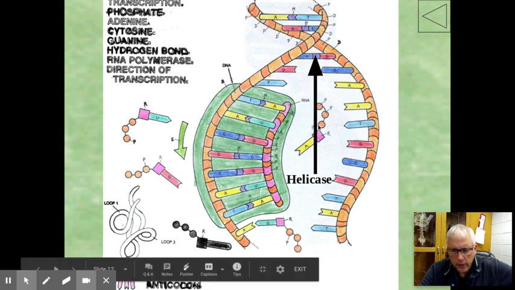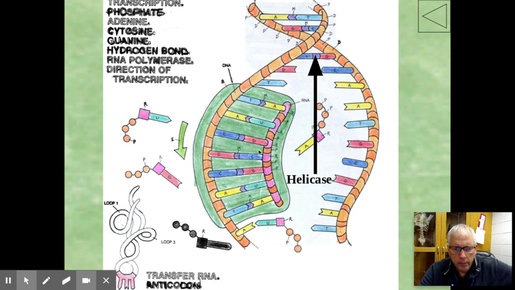So helicase is going to work their way up. We start building this daughter strand on one side. It breaks free eventually, and it's going to head to the ribosomes where we're going to use it here in just a second with translation. Okay? So hopefully that makes sense. And that's why we call it transcription. All we're doing is transcribing the information over to messenger RNA.